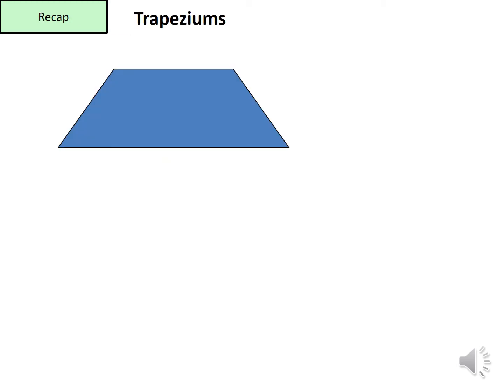Now we're moving on to trapezium. The formula to work out the area of a trapezium equals A plus B times height divided by 2.